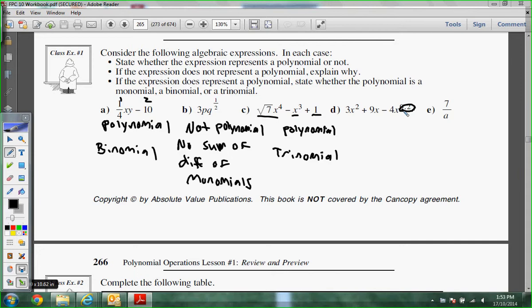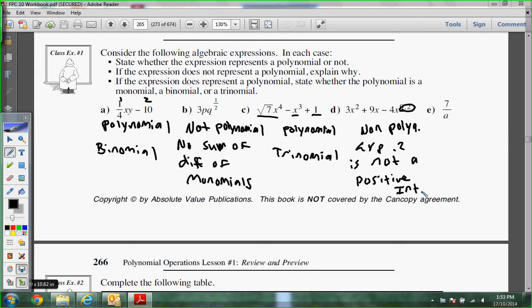Okay, so we see the 0.2 cancels this from being a polynomial. So this is a non-polynomial, and the exponent 0.2 is not an integer, not even a positive integer. And that's why E doesn't work as well.